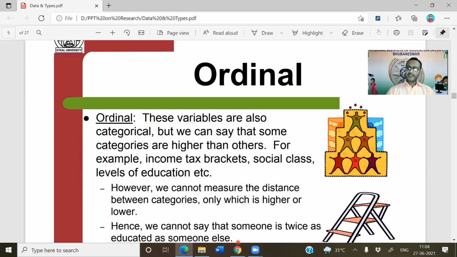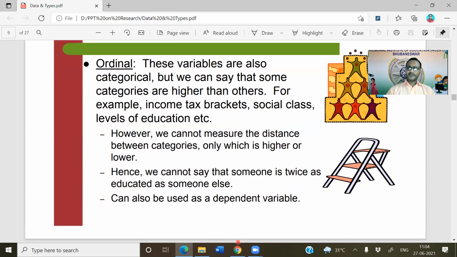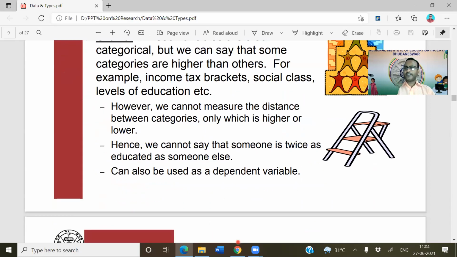In ordinal data, we can do some kind of mathematical calculation. Suppose for measures of central tendency, for ordinal data the best measure is the median. Because when you calculate the median, the first thing we do is order all the data in either ascending order or descending order.